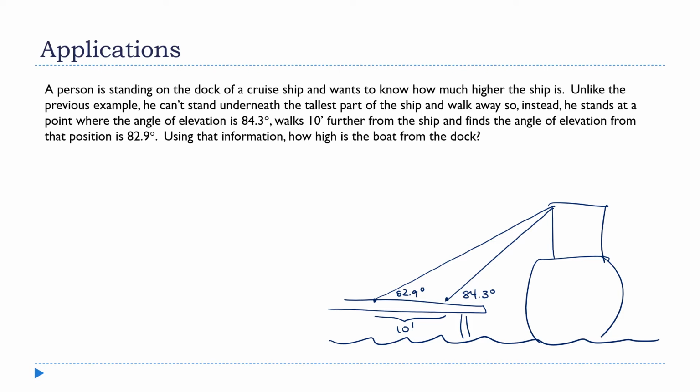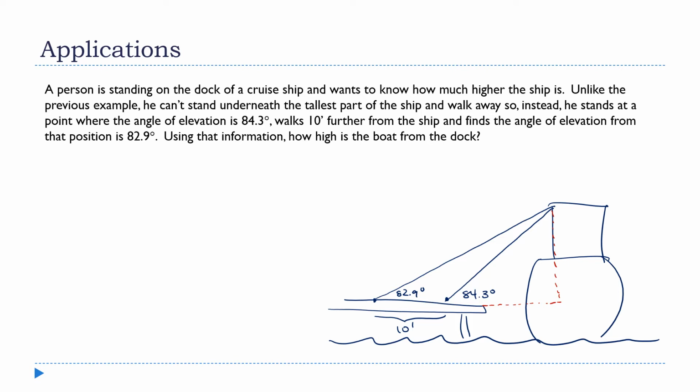So how can we turn these into the height above the dock? Here's what I'm going to do. I'm going to draw a right triangle here. We're still playing off of these right triangles. Now I'm going to put some variables in.